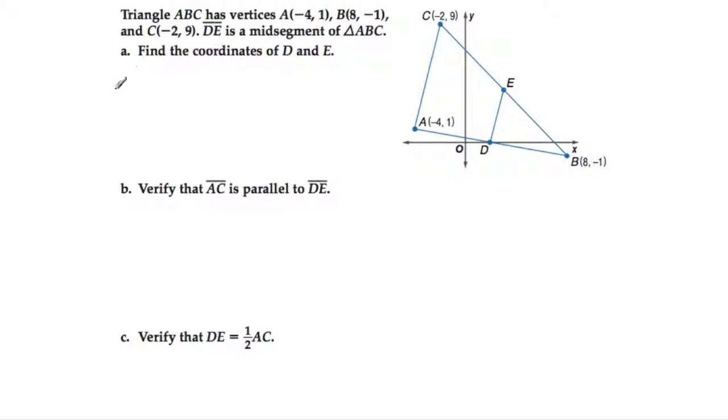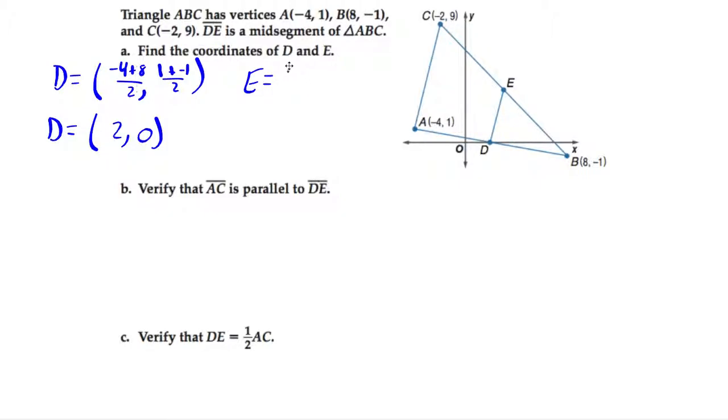So D is the midpoint of AE. So the midpoint there is -4 plus 8 divided by 2, and 1 plus -1 divided by 2. So D is equal to 4 divided by 2, which is 2, comma 0. So this point is (2, 0), which looks fairly accurate.